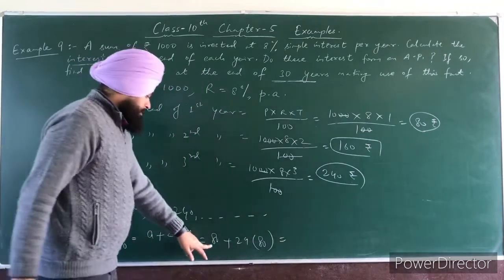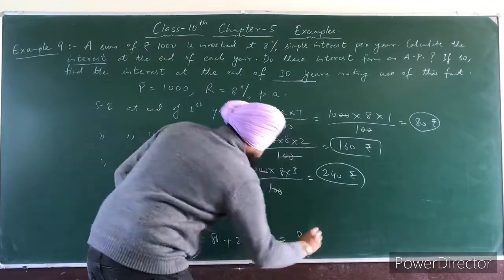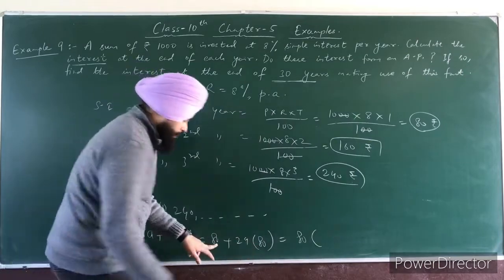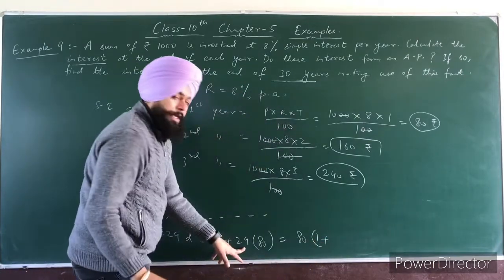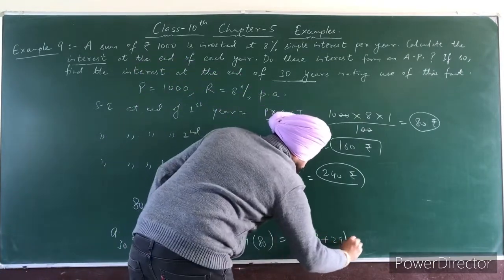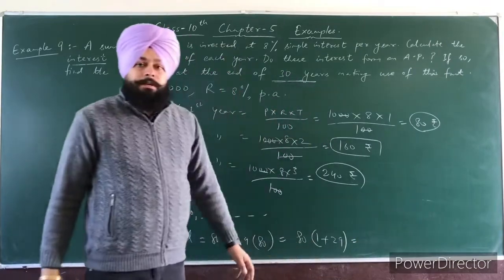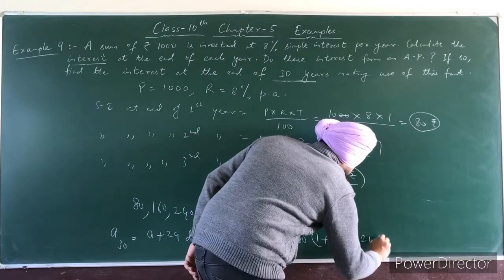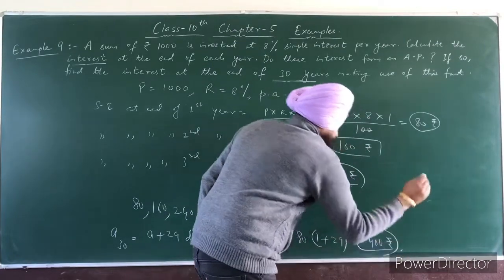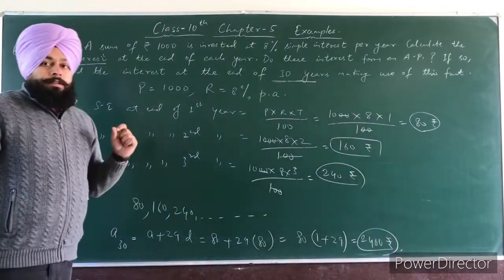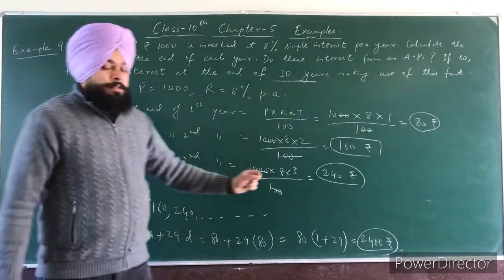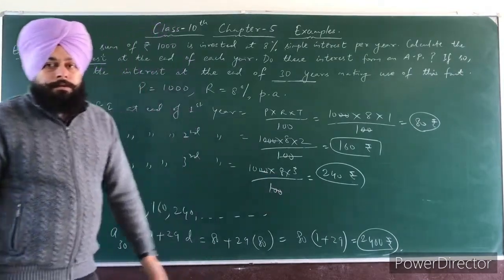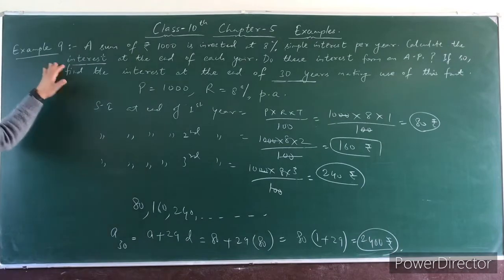So solving this, take 80 common. So what is left here? 1 plus 29. Now 29 plus 1 is 30 and 30 into 80 is 2400. So it means at the end of 30th year the interest is rupees 2400. Clear students? So this is example number 9.